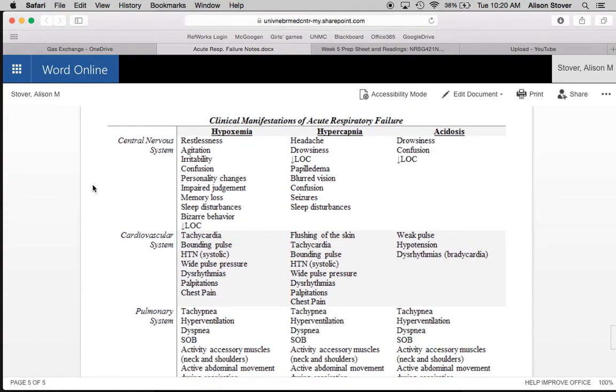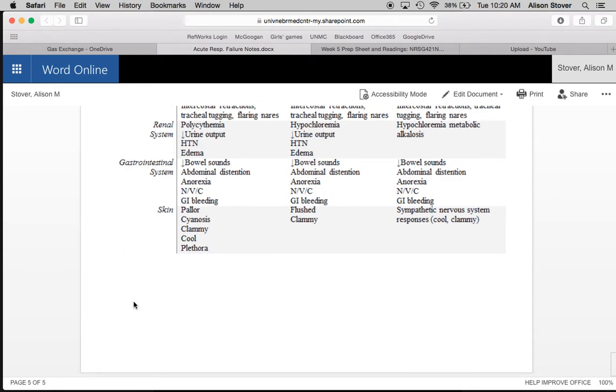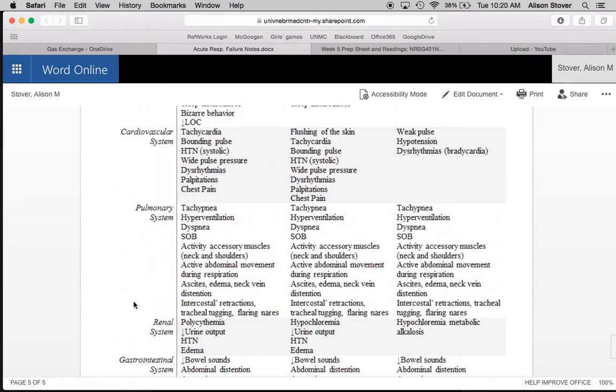Here are clinical manifestations of ARF by system. So I've got your hypoxemia and hypercapnia, and then what you'd see by system: central nervous system, cardiovascular, pulmonary, renal, GI, skin. I wouldn't memorize all these.